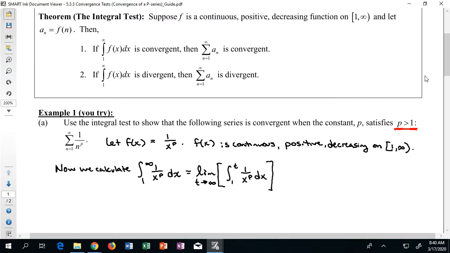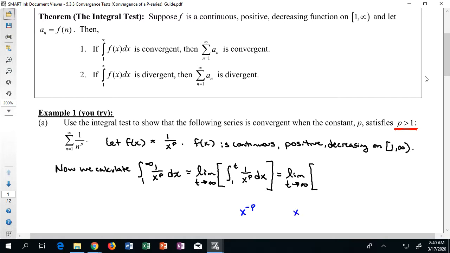And I just need to go ahead and think about an antiderivative. Now, the antiderivative here is a little bit messy looking. It's not too bad. Keep in mind that I could rewrite the current function as x to the power negative p if I wanted to help me think through the antiderivative.